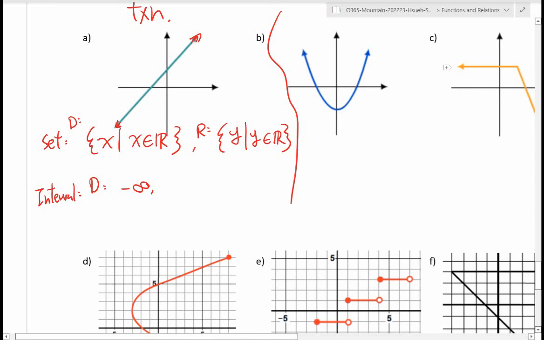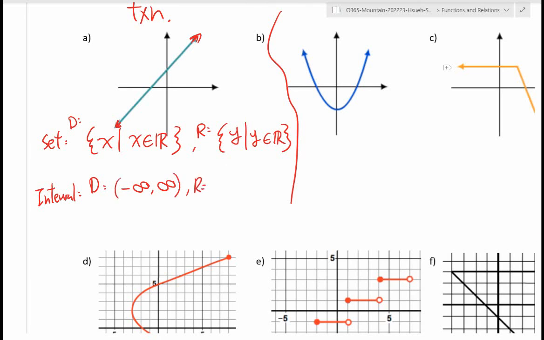It means there's no ending. To the positive infinity. So from negative infinity to positive infinity, because it just keeps going to the left, keeps going to the right, and there's no ending. Now, you might ask, if there's no ending, then what kind of brackets are we using? Well, if it's not ending, then we cannot include it, and therefore we use round brackets.